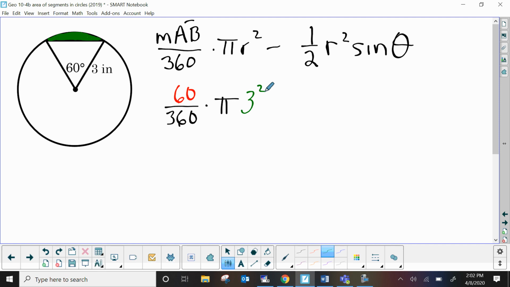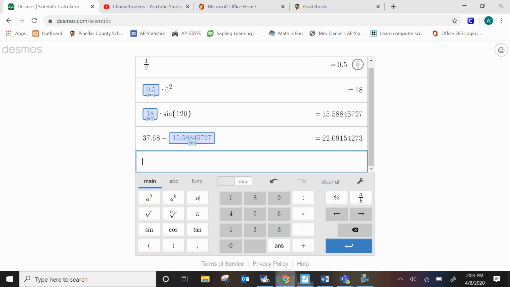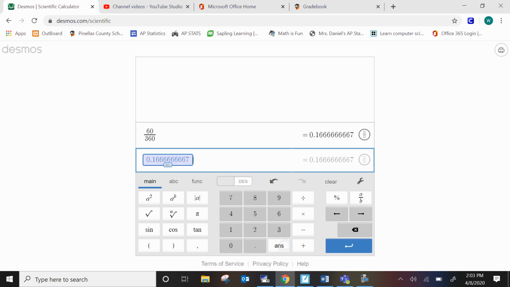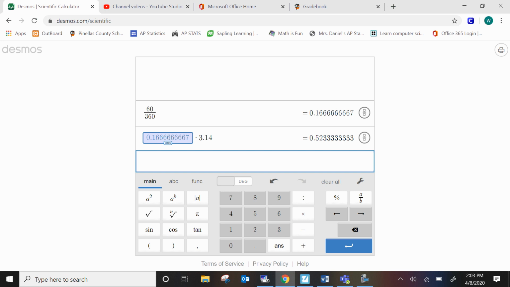So I like to go and do this problem in the calculator. So I'm going to move over to my Desmos calculator. Okay, so we have 60 divided by 360. Hit the enter button, it gives me that. I'm going to hit the answer button, so it brings down that answer, times the 3.14, that's the pi. Hit enter, that gives me that answer, 0.52333.